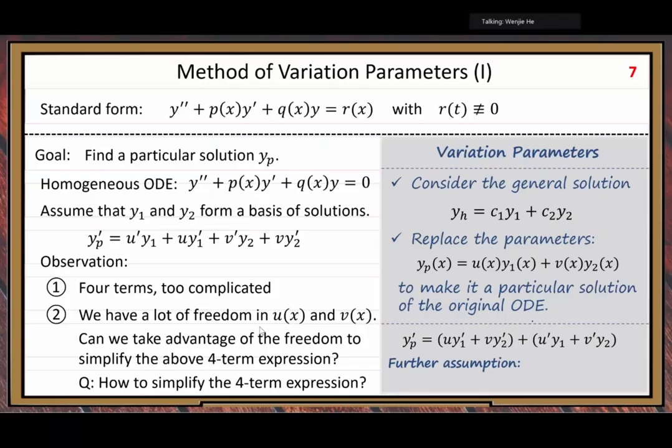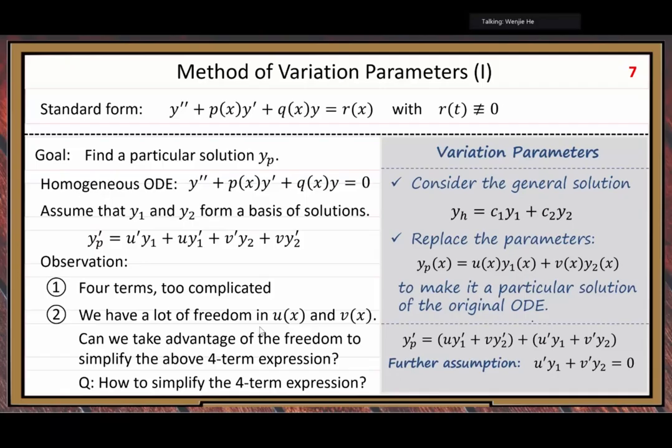So here, our assumption is that we want to make this part, the second parenthesis, to be 0. We assume it's 0.